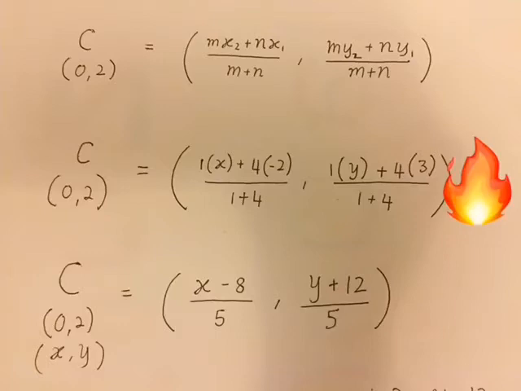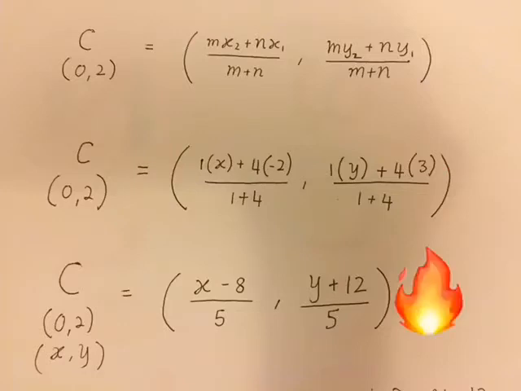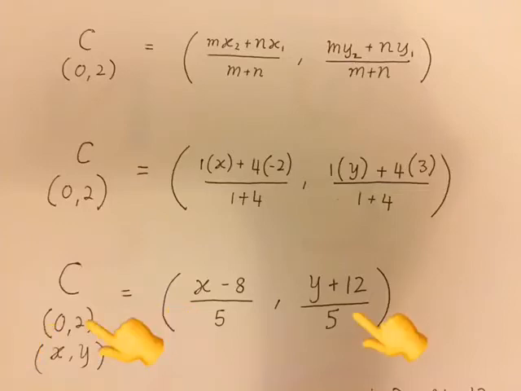Then, comma, 1, which is the m, times y, which is the unknown from point E, plus 4, which is n, times 3, y from point B, divided by 1 plus 4. The next step is (x minus 8 divided by 5, comma, y plus 12 divided by 5). So from the equation, we can see that 0, which is x of C, is also x minus 8 divided by 5, and 2 from point C is also y plus 12 divided by 5.